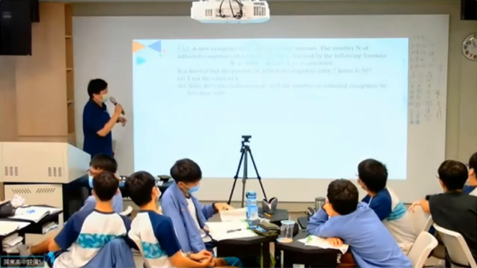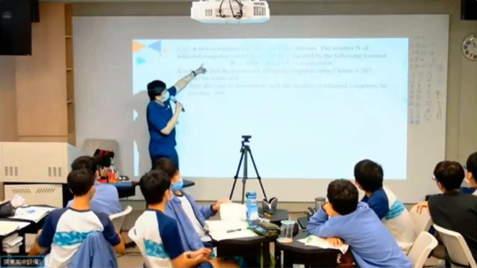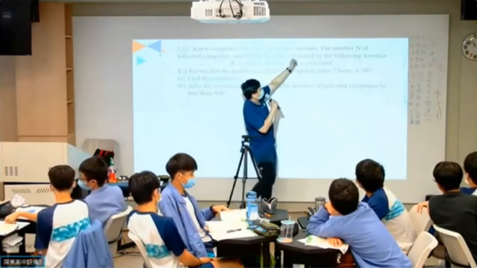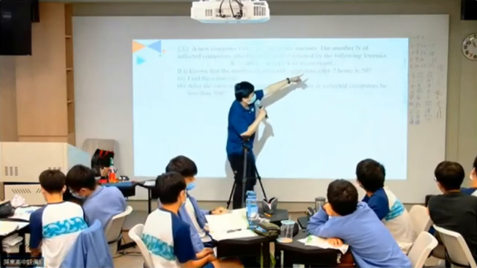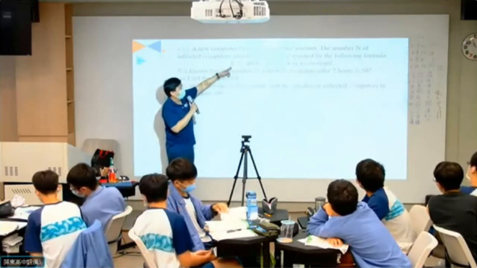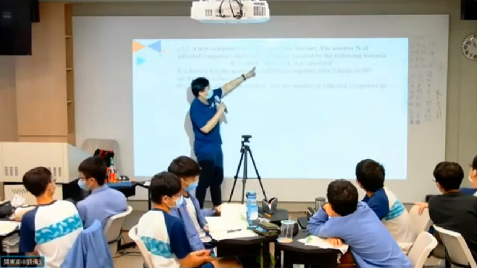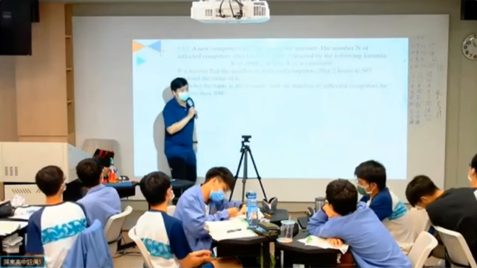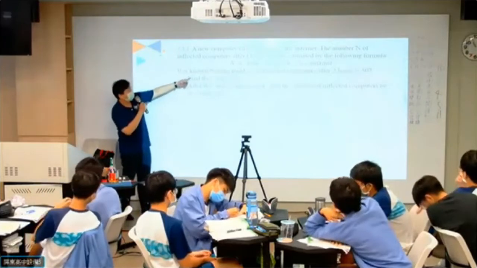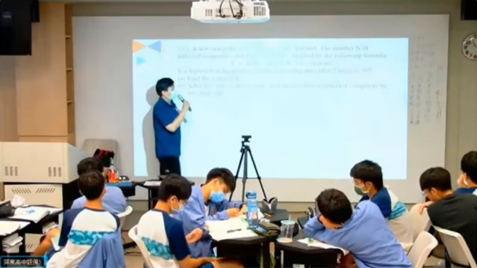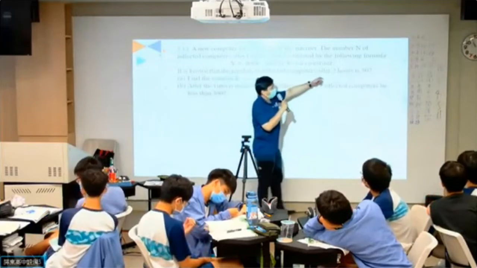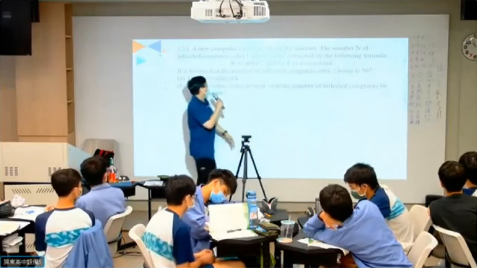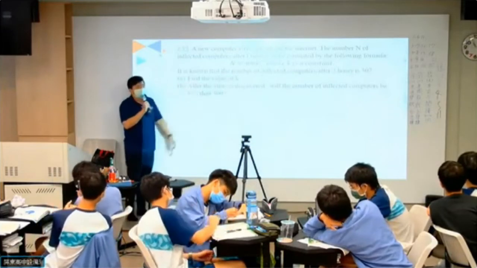The number N of infected computers after T hours can be estimated by the following formula. N is equal to 300 plus k to the power of t, where k is a constant. It is known that the number of infected computers after 2 hours is 507. Okay. First one, find the value of k.